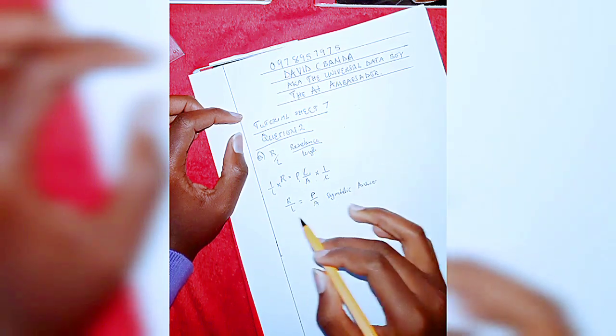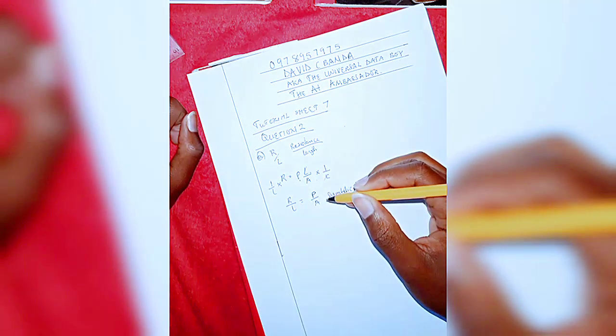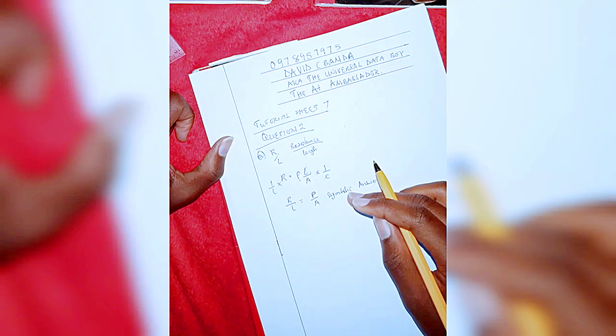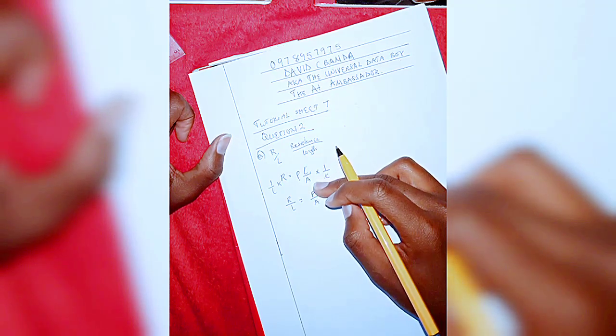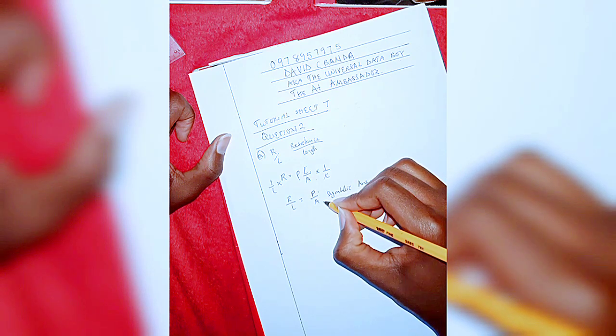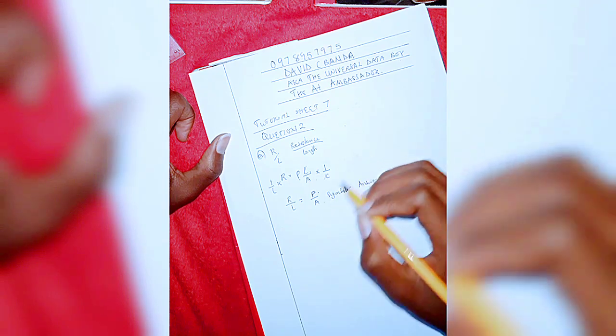Then from here we can find the resistance per unit length. Are you getting what I'm trying to say? I hope you are. So from here now, we know we have the resistivity, and then we also have the area. We are not given the area per se, but we are given the radius.